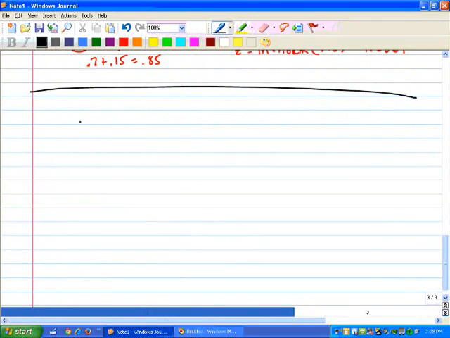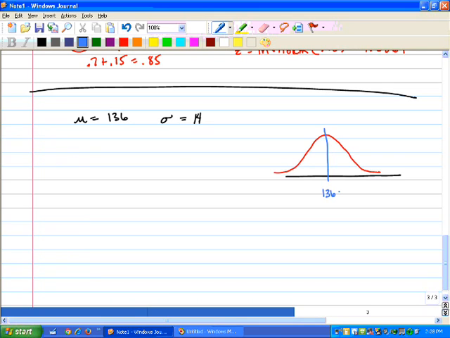Let's say we're working with a normal distribution where the mean is 136 and the standard deviation is 14. We want to know the value A such that the probability that x is greater than or equal to A is equal to 15% or 0.15.